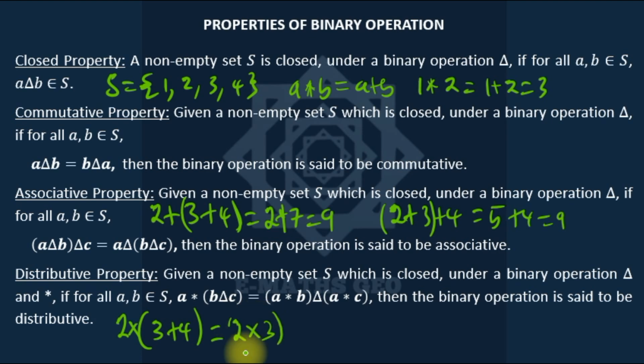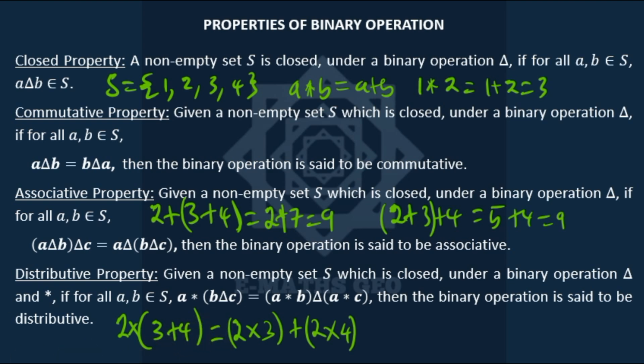That's just the meaning. The star here is like multiplication, while the triangle is like addition. So this 2 is A, 3 is B, and 4 is C. That's the meaning of the distributive law. So you must have 2 different operations.